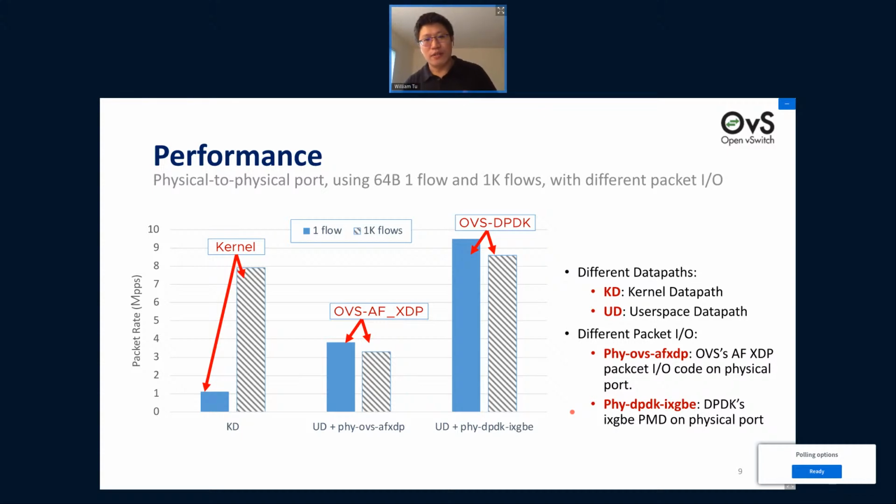Also, in the case of AF_XDP, we see that it's using less CPU, but usually because AF_XDP still runs the device driver, we see that another softirq daemon is also running. So compared to OVS DPDK, it also uses more CPU time.